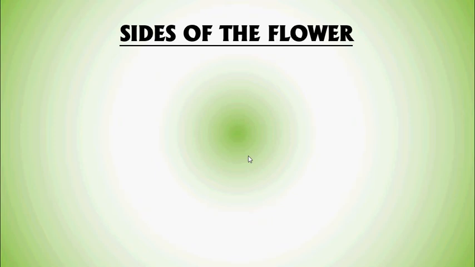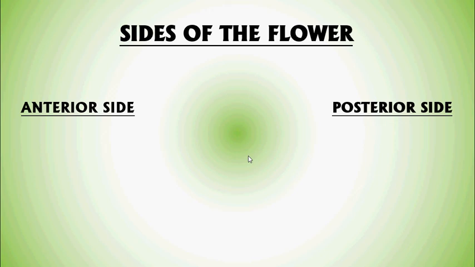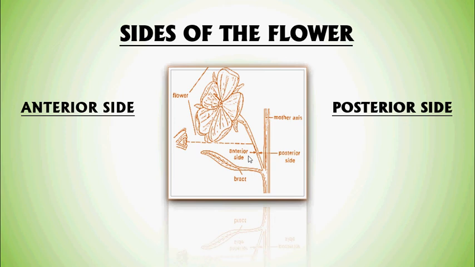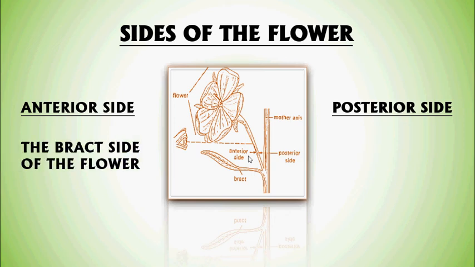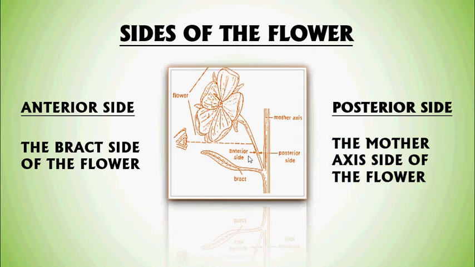Sides of the flower: anterior side, posterior side. Let's define these sides. The bract side of the flower is called the anterior side. The mother axis side of the flower is called the posterior side.